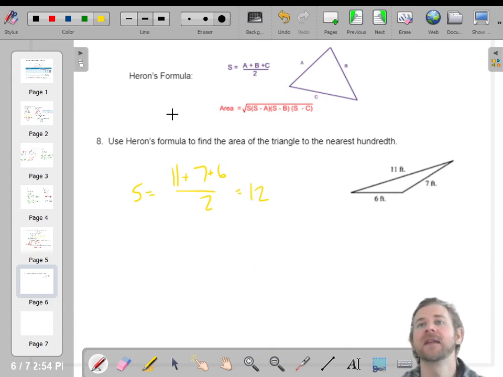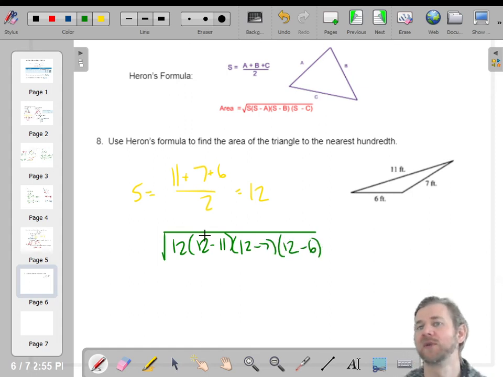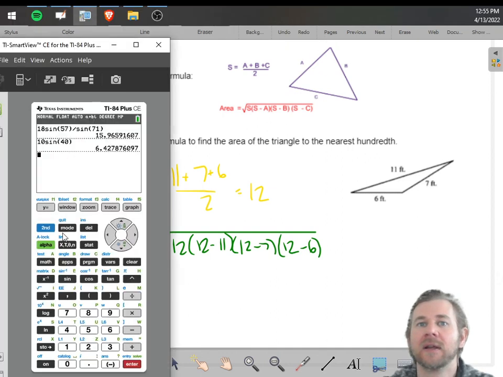Then you multiply in one big square root. We know S is the semi-perimeter, half the perimeter: 12 times (12 minus 11), (12 minus 7), (12 minus 6). It doesn't matter what order you put these in, you just have to find the difference between the semi-perimeter and each segment.